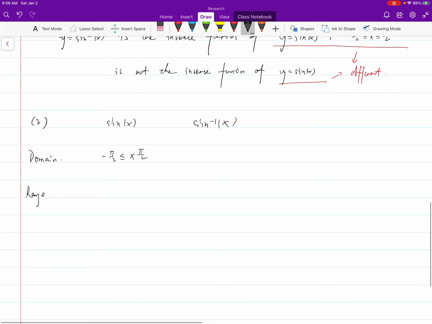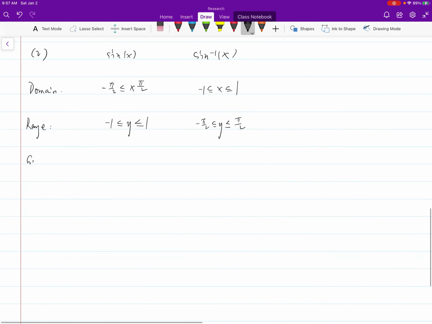Now remember, we have to restrict it. So for domain, it's this. Okay. Range, it's this. Because we know sine is between -1 and 1. Therefore, for inverse function, we switch them. The domain is from here to here, and the range is from here to here.